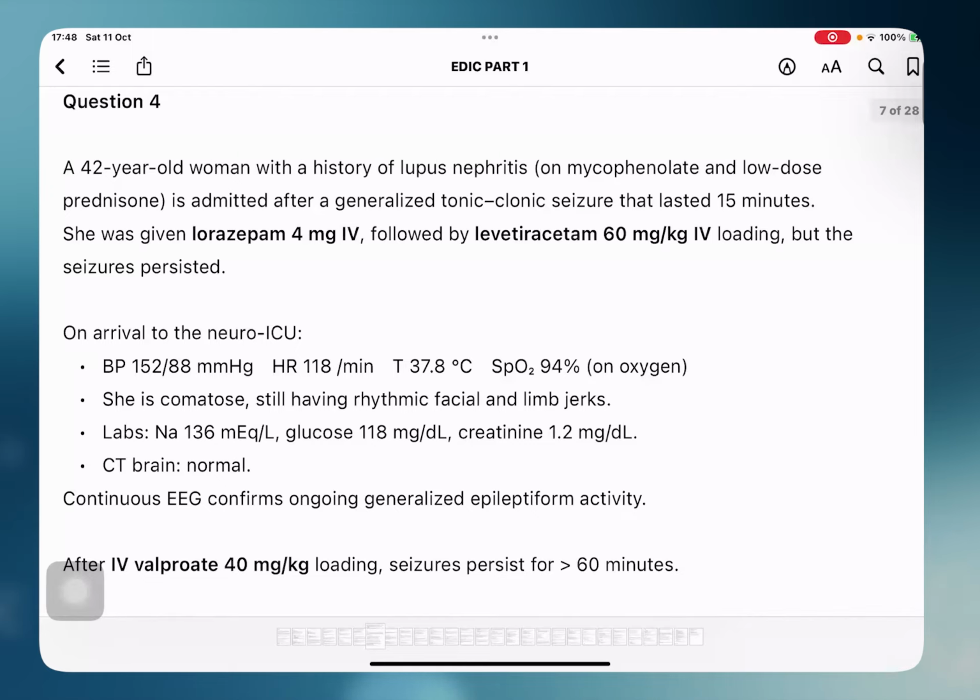Because the patient has already been given 3 anti-epileptic drugs, and the patient still has seizures for more than 60 minutes. We have all the time in the world to define the secondary reason for the status epilepticus. But recognizing it in time and treating it on a war footing is important before the brain burns itself out.